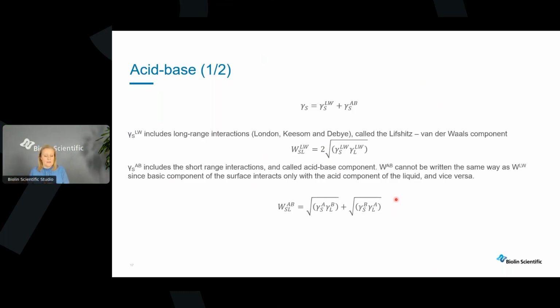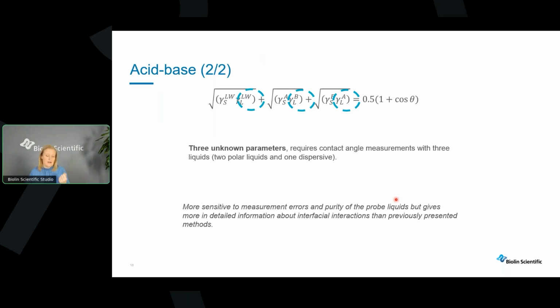So this will lead to an equation where you have three unknowns. You have the dispersive part of the solid, and the acid and base components of the solid. And to be able to solve this equation, since there are three unknown parameters, you need to do the contact angle measurement with three different liquids with known components.